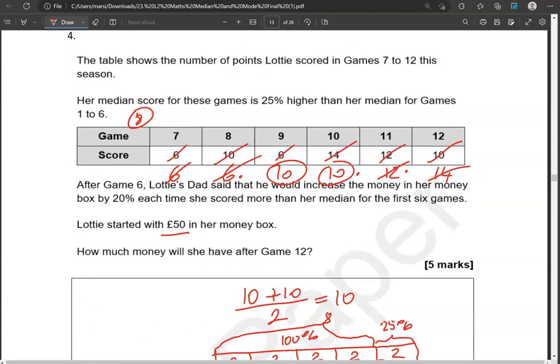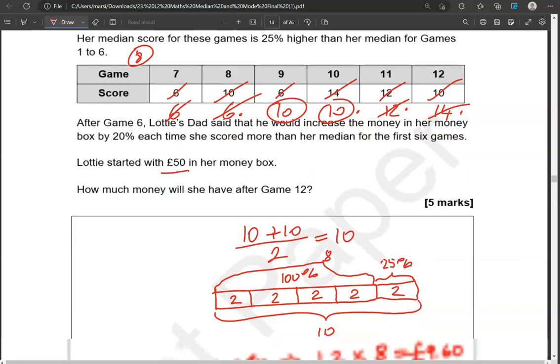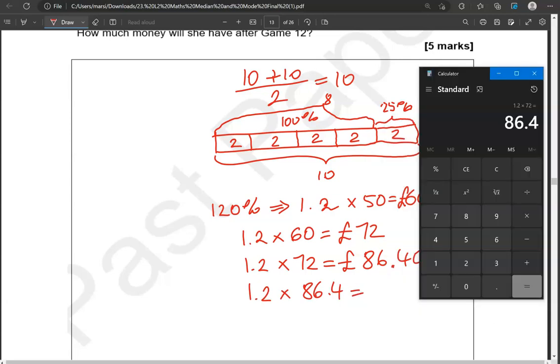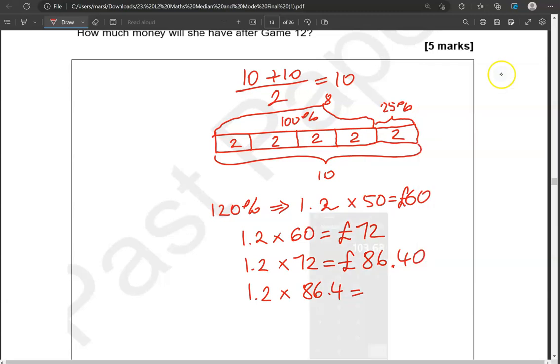And in game 12 she scores 10, which is again greater than 8, so she gets another 20% increase, so 1.2 times 86.4 gives us 103.68.